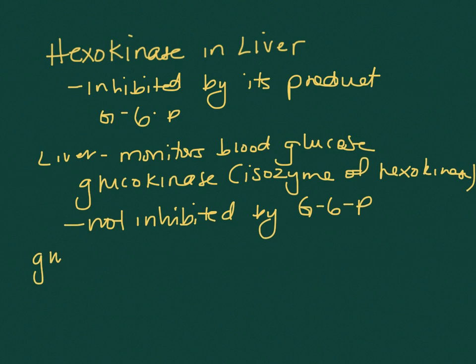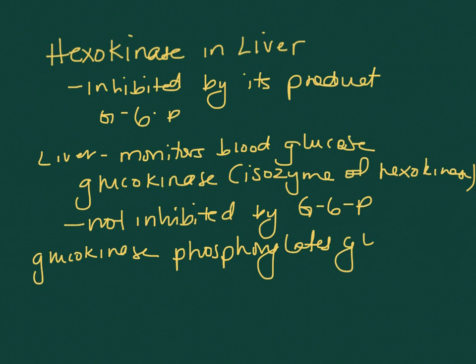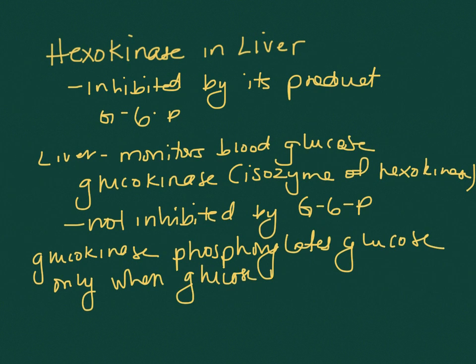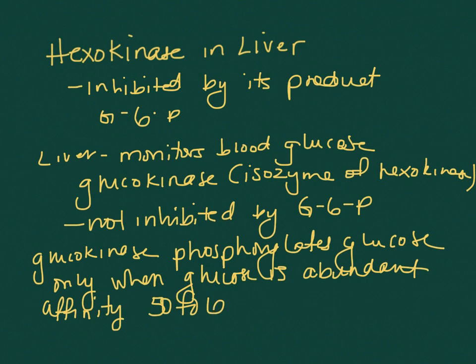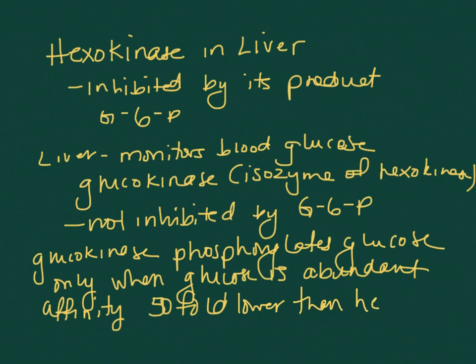Glucokinase phosphorylates glucose only when glucose is abundant, because the affinity of glucokinase for glucose is 50-fold lower than hexokinase.